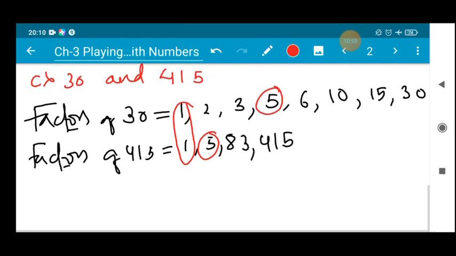But this pair of numbers, 30 and 415, are not co-prime numbers, because they have a common factor other than 1.